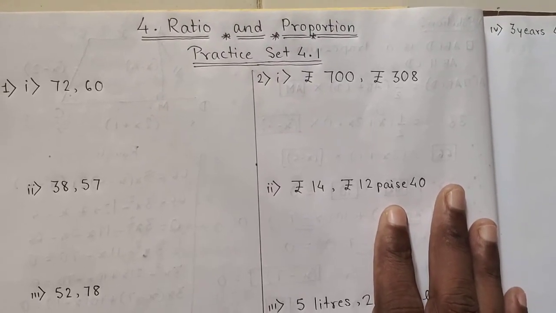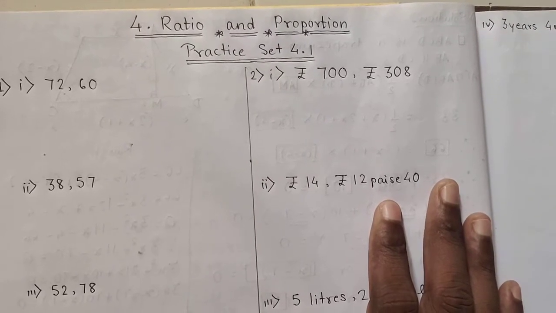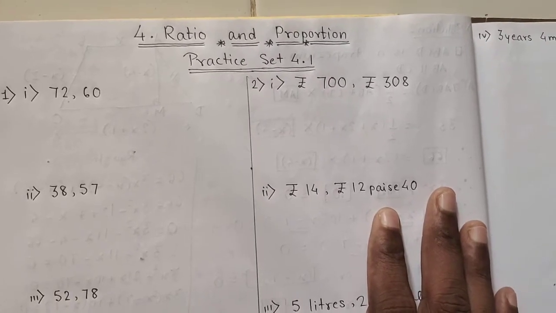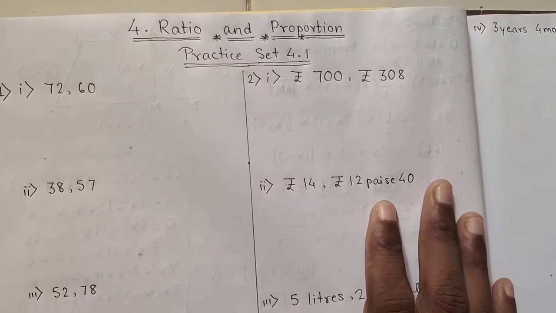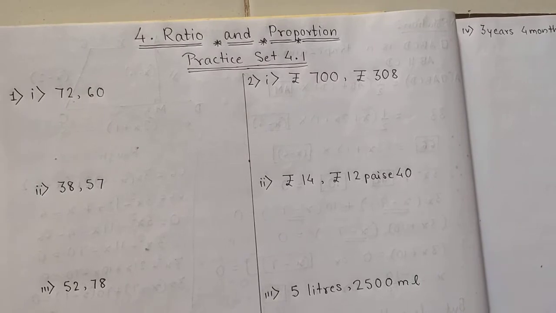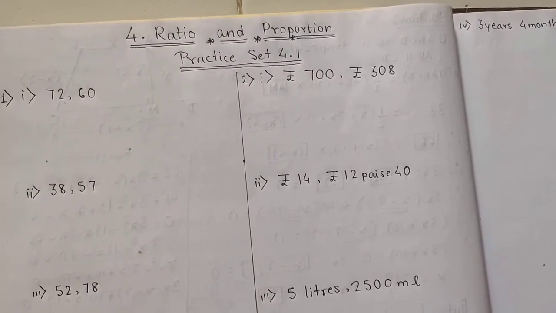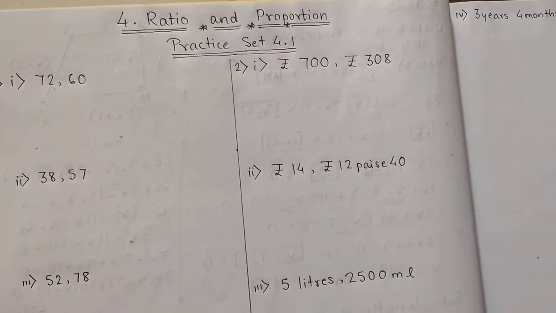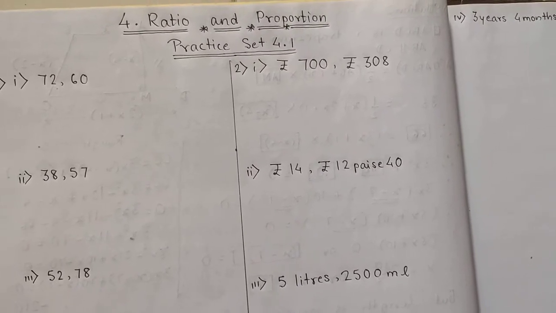Basically what we do in ratio, we compare one quantity with another quantity, and that is expressed in terms of ratio. And proportion means what? In proportion, there are two types: direct proportion and inverse proportion. Direct proportion is just like demand and supply.